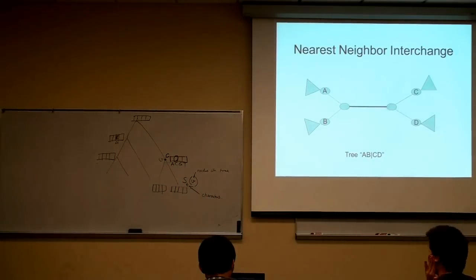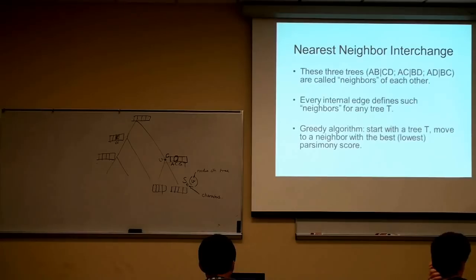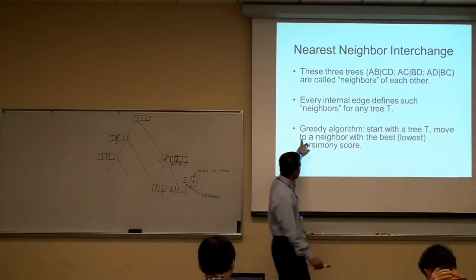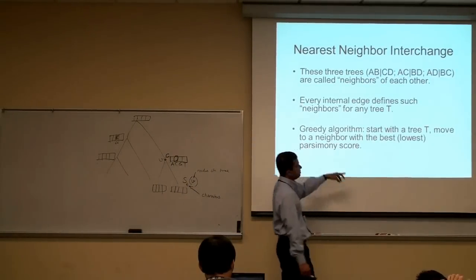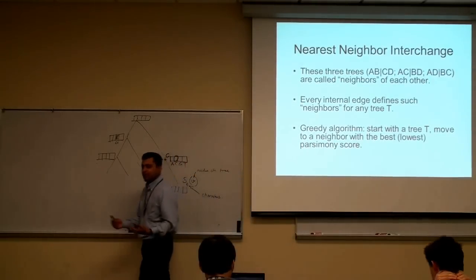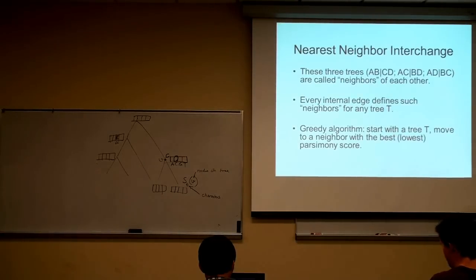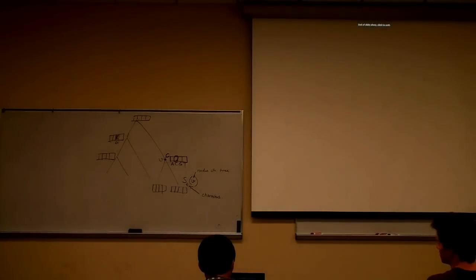So in fact, two neighbors if you focus on that branch. So the greedy algorithm is: start with a tree T, move to the neighbor with the best parsimony score. Evaluate all neighbors, evaluate their best parsimony scores, and take the best among those, move to that. And that's it.